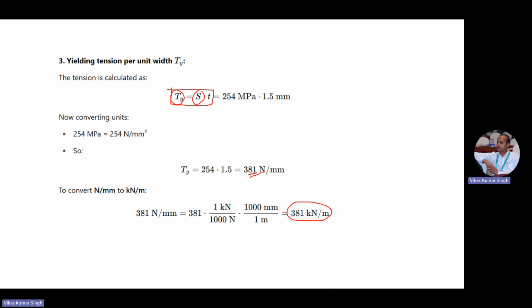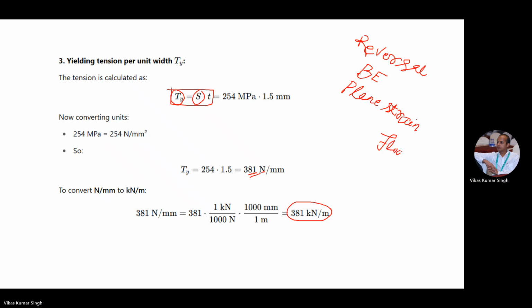So what we learned today: reversal bending, where we learned the reversal case and introduced the Bauschinger effect, and the condition of plane strain, plane stress, plane strain flow stress, and the conditions for that.